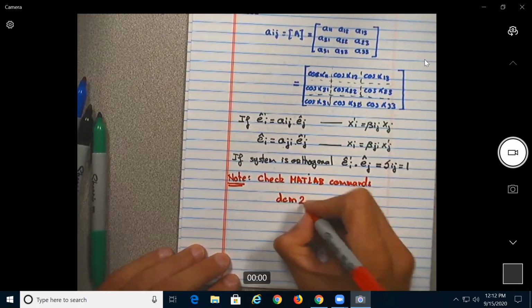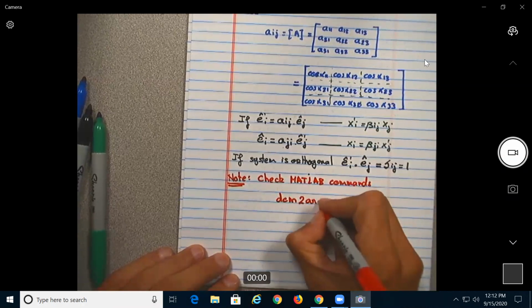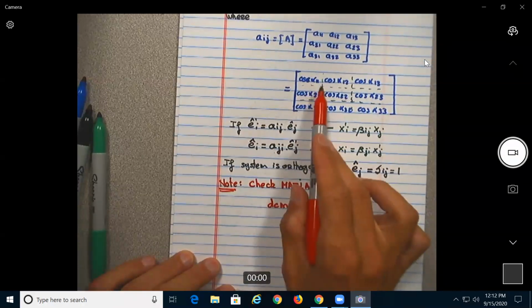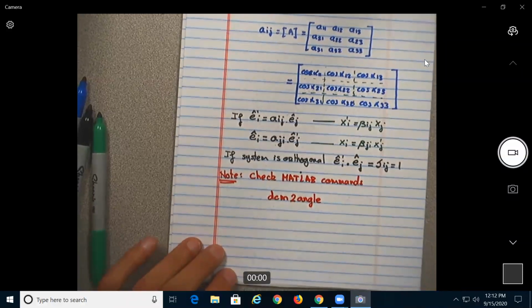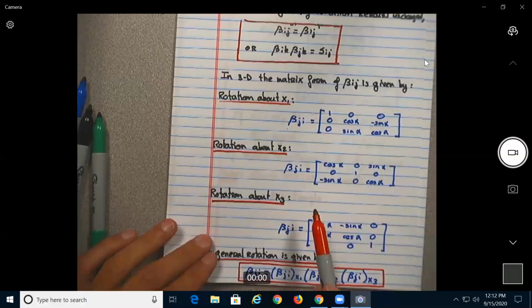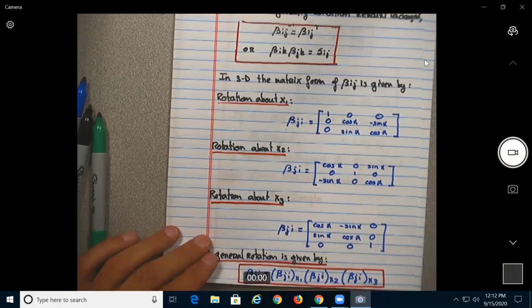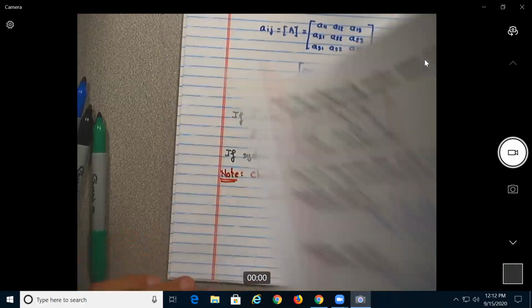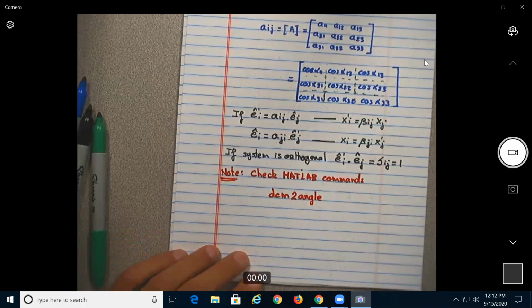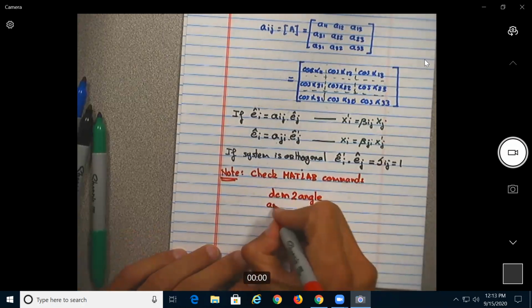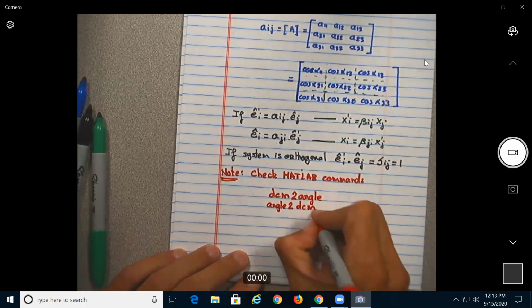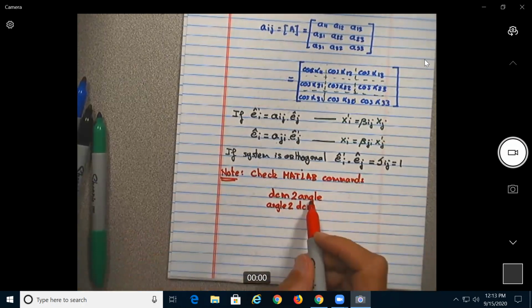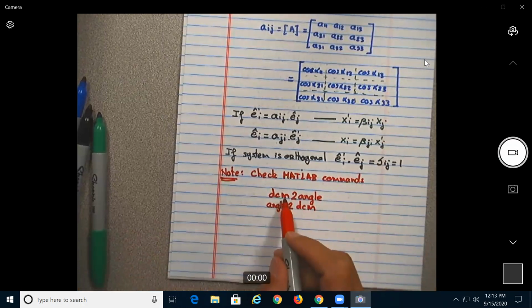So I'm kind of guessing this one should let you go from these direction cosines to give you these angles alpha 1, alpha 2, alpha 3. Yeah, I think that's why you should do that command. So I have that one and the opposite, which is angle to DCM. So I guess that you can get the angles from the direction cosines, or you can get the direction cosines from the angles. I don't know exactly how to use these ones.